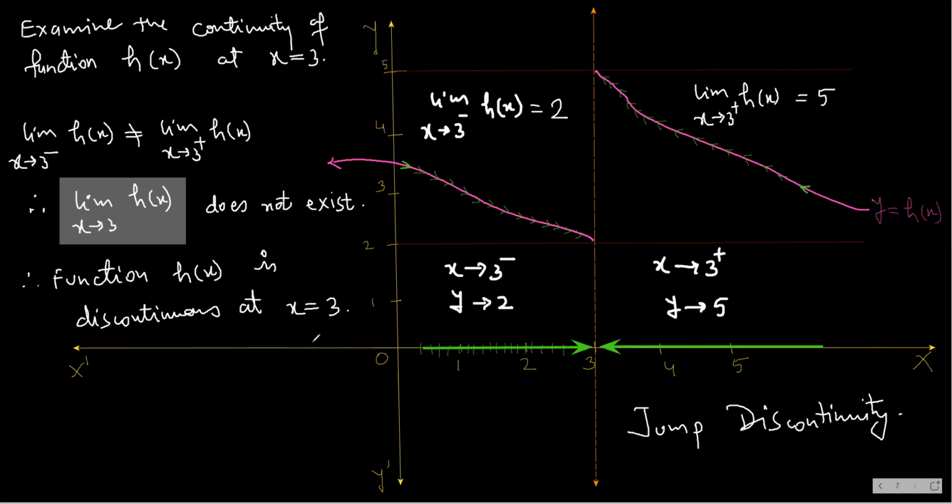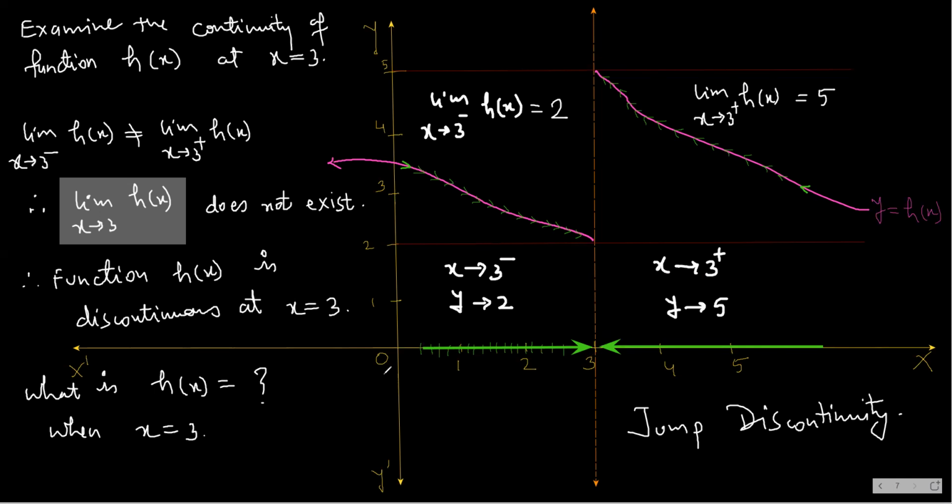And what about the value of the function when x is equal to the point of discussion? Like here, if somebody asks you what is h of x when x is equal to 3, frankly speaking, this is insignificant here.